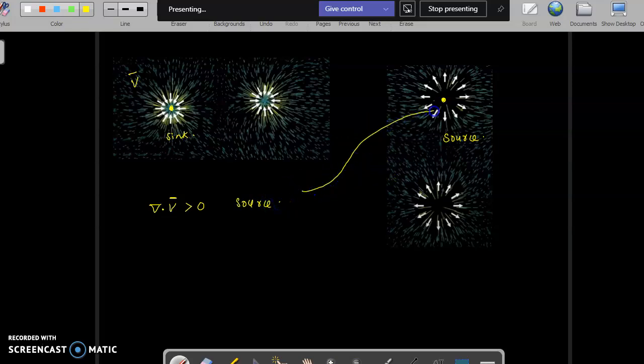That means this is a point where the divergence of the vector field is greater than 0. But here the divergence of this vector is less than 0. So if you take the divergence of a vector and it is less than 0, we can identify that that point is a sinking point. And if its value is greater than 0, we can understand that the vector is coming out from that point. That point is acting as a source.